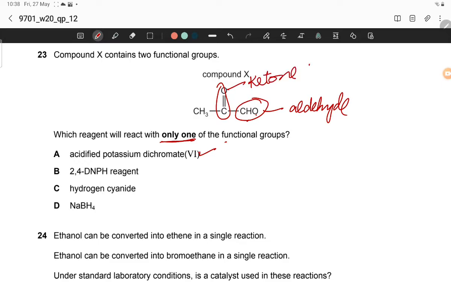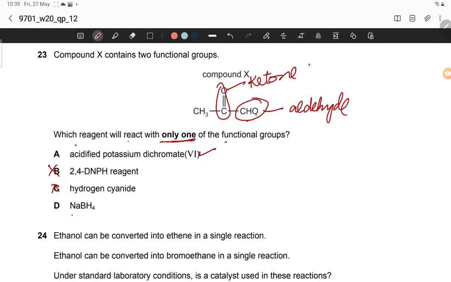Hydrogen cyanide is a simple molecule, does not react with this compound, so this is also incorrect. NaBH4 is reducing.